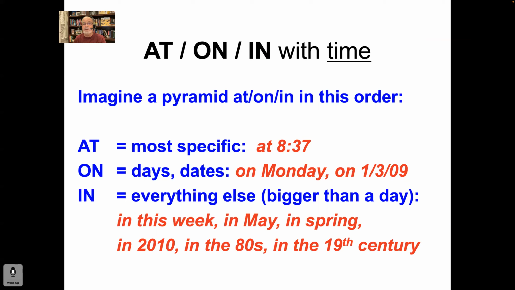And it doesn't matter whether it's a number or a word, like at noon, it's clock time. On for days and dates, on Monday, on January 3rd, 2009, on my birthday, on this day in history, and in for everything else. And the examples are in this week, in May, in spring, in 2010, in the 1980s, or in the 80s, and in the 19th century, or in my life, all right?